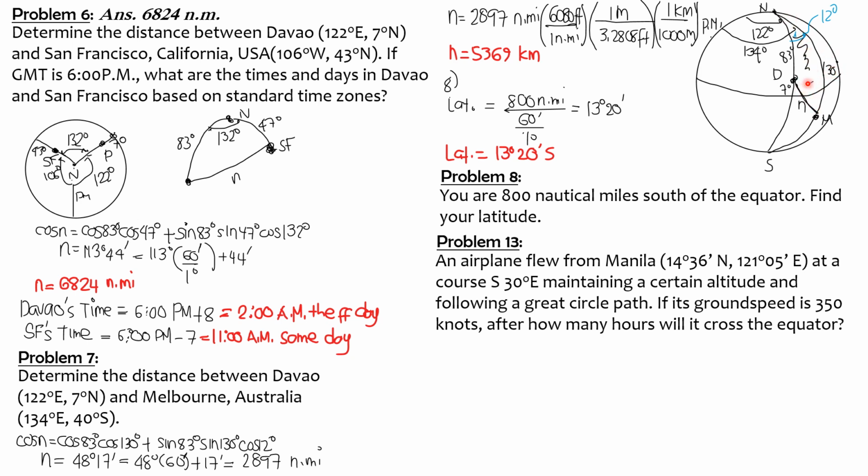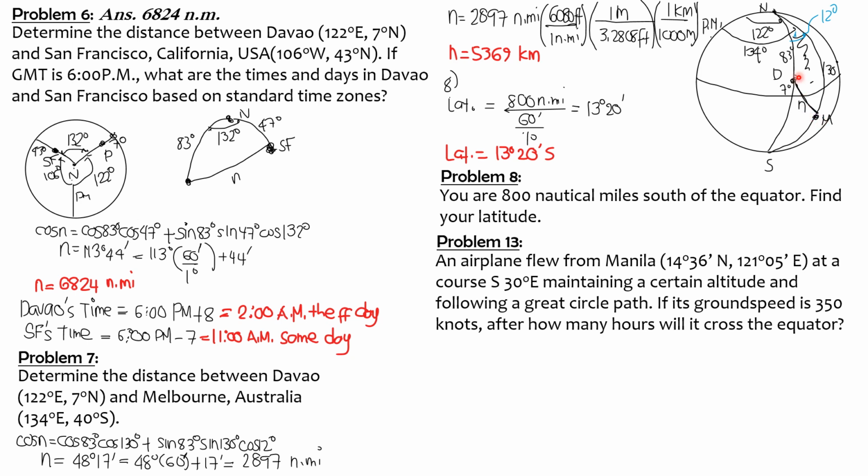And we consider this spherical triangle, the shaded triangle. Likewise, the angular spacing between meridians through Melbourne, Australia and Davao is 134 degrees minus 122 degrees, and that's 12 degrees. So again, to solve for the distance between Davao and Melbourne, we use the law of cosines for the sides.